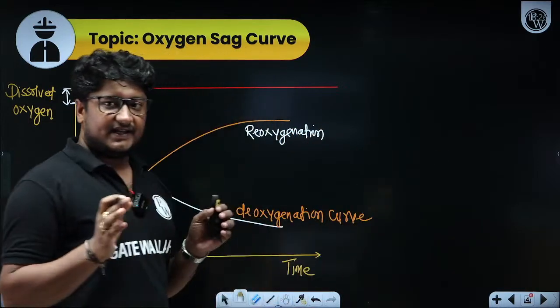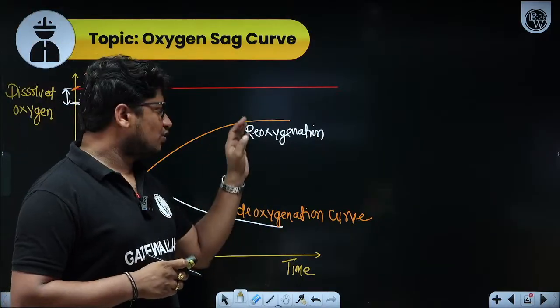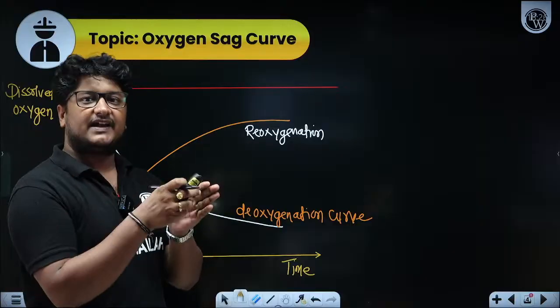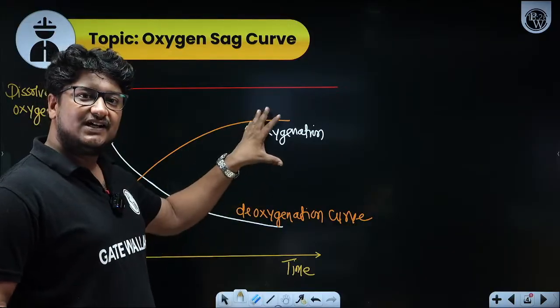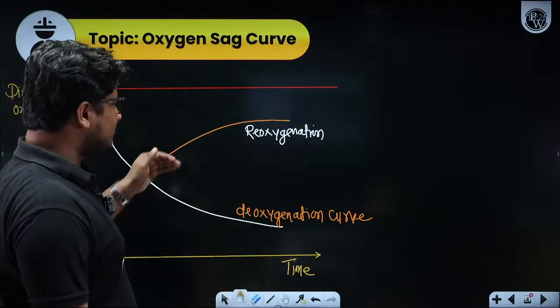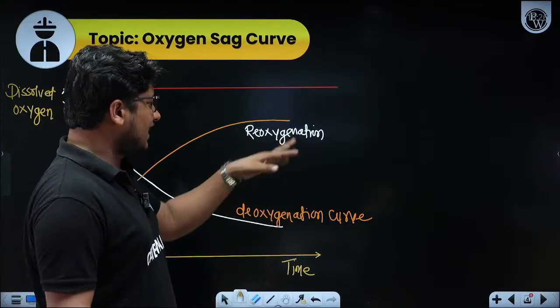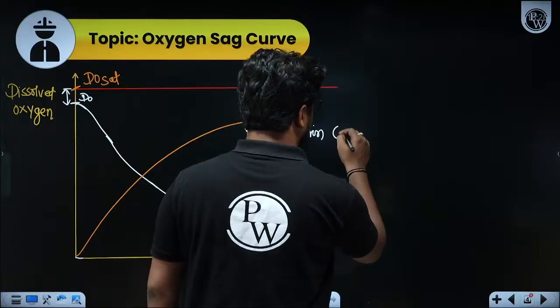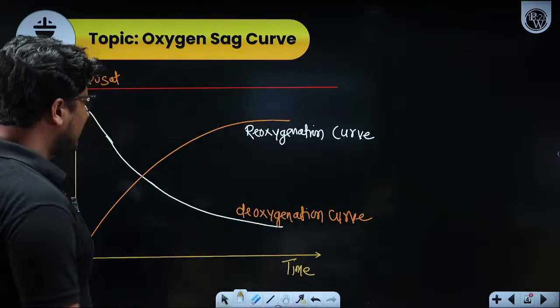In natural conditions, both things are happening at a time simultaneously, and you will only see the cumulative effect of this. But right now, to explain it to you, I am showing both processes separately. One is the deoxygenation curve, another is the reoxygenation curve.